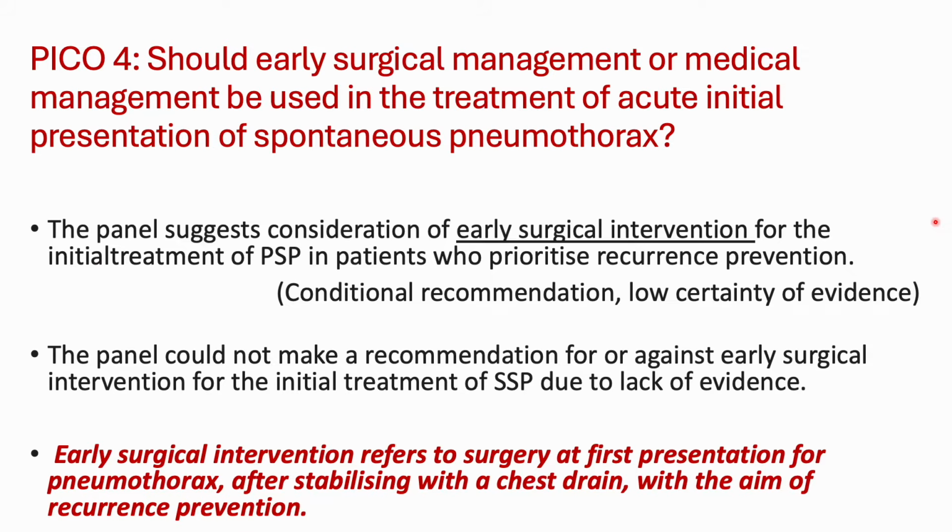So during the first episode, if there is a risk of recurrence, then you must go ahead and do it, because it will reduce the overall recurrence. It will reduce the risk of persistent air leak and secondary spontaneous pneumothorax. For the first episode, they say there should be more RCTs to look at other factors to give a clear-cut recommendation.